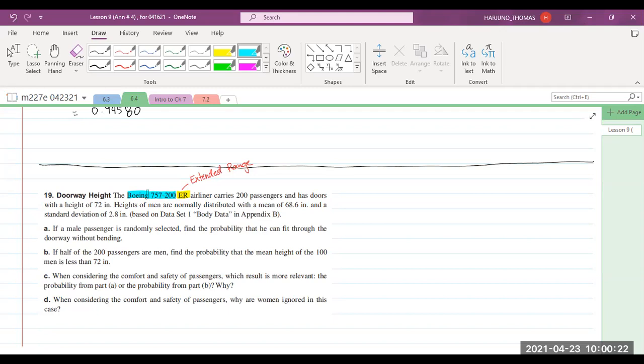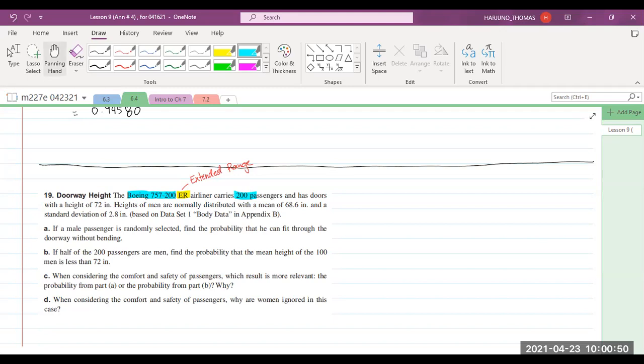So that's why they do extended range: they want to keep the capacity. Usually on international flights the capacity is higher, around 300 passengers. But you may do only 200 passengers if the tank is big enough and you want more frequent flights.